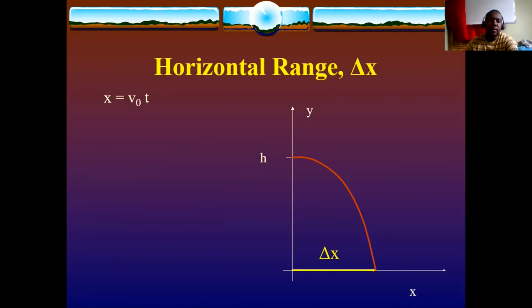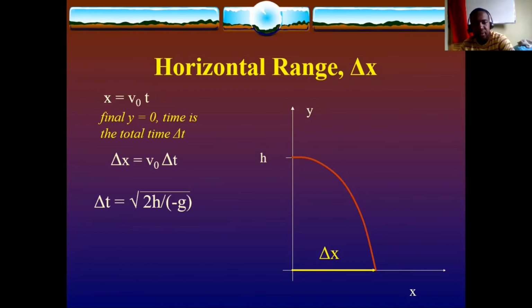So the range, which is how far from the initial point that it's being projected to the final point in horizontal motion, is given by x equals v naught times delta t.